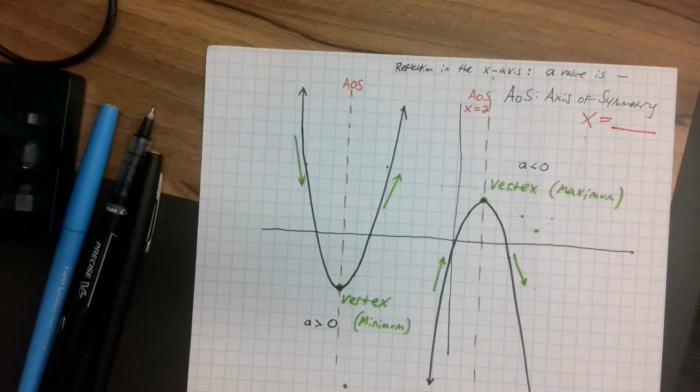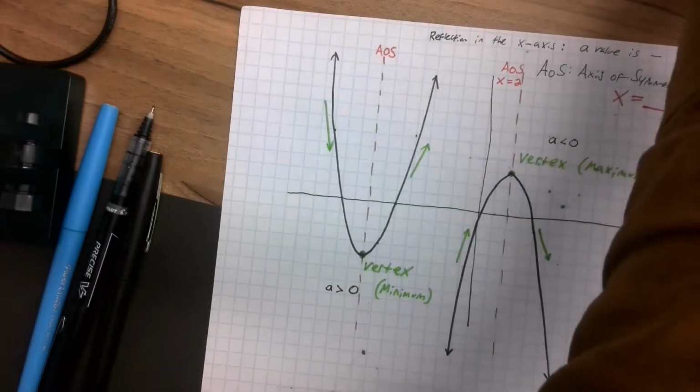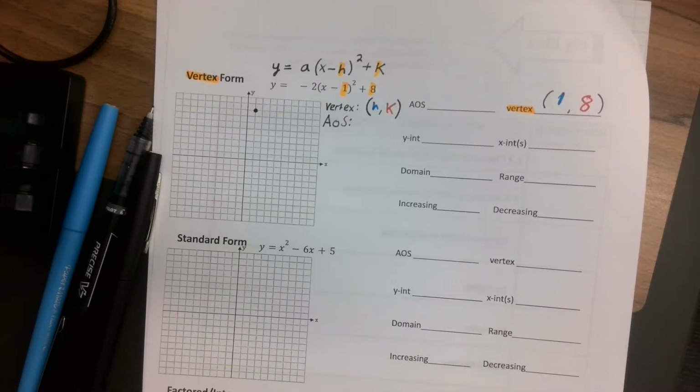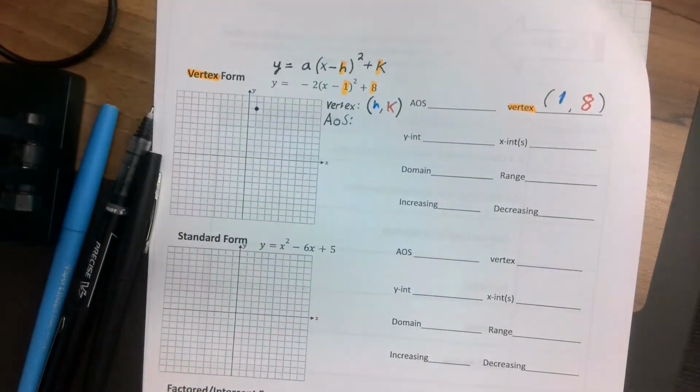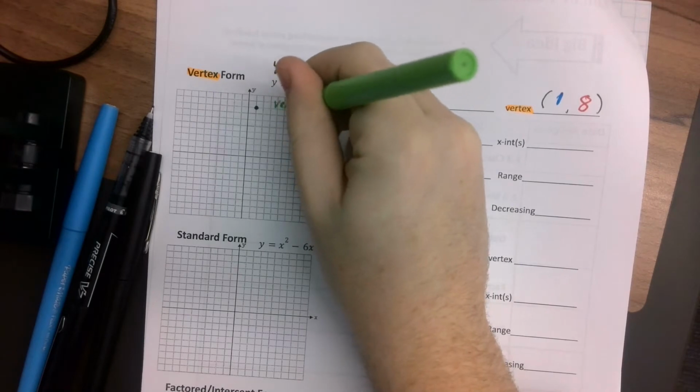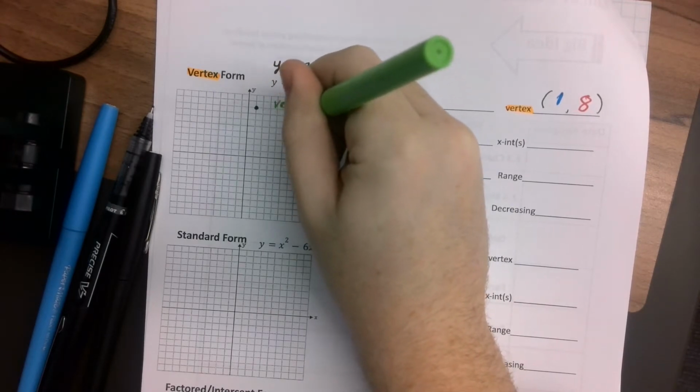But how can we find our axis of symmetry in this case? We don't even know what our parabola looks like yet. Well, because we know a very important piece of information, we can still find our axis of symmetry. Remember, we found that our vertex was up here at 1, 8.